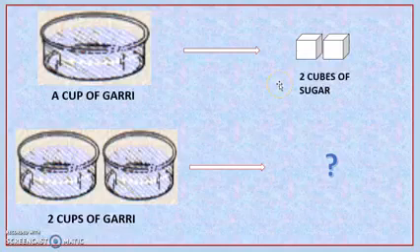Though I don't like it, I like taking sugar much. But she said no, that to keep you healthy, you have to reduce the quantity of sugar you take every time. She said that for 1 cup, you need 2 cubes of sugar.